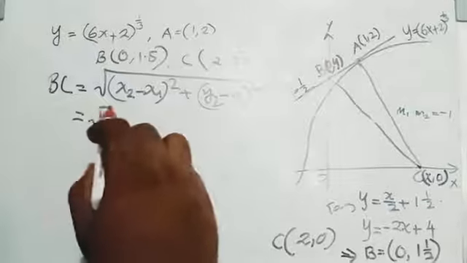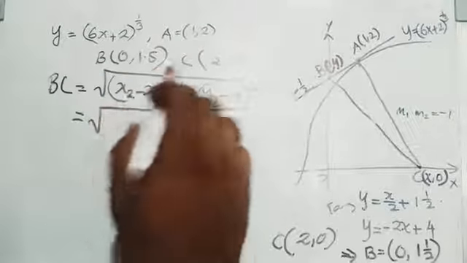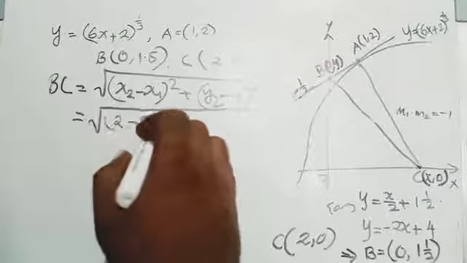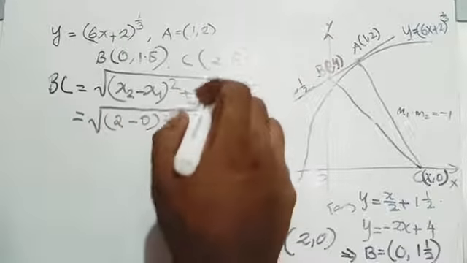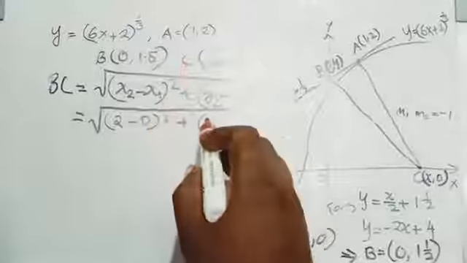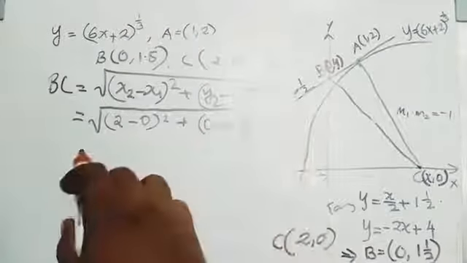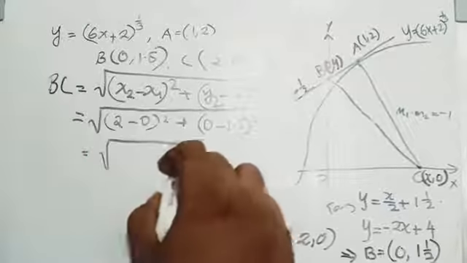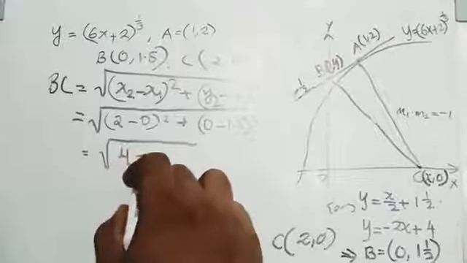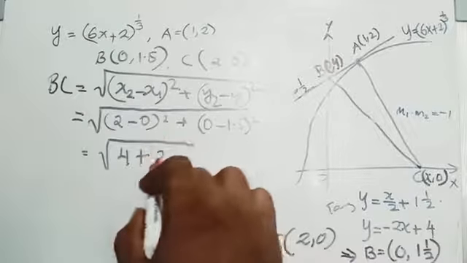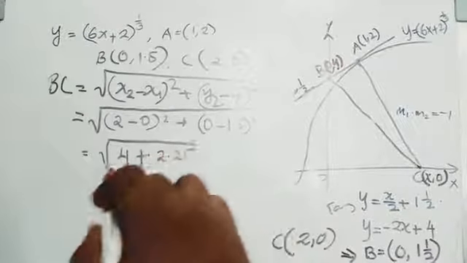So when you replace the points, we get square root of (2 minus 0) the whole square plus (0 minus 1.5) the whole square, that is square root of 4 plus 2.25.